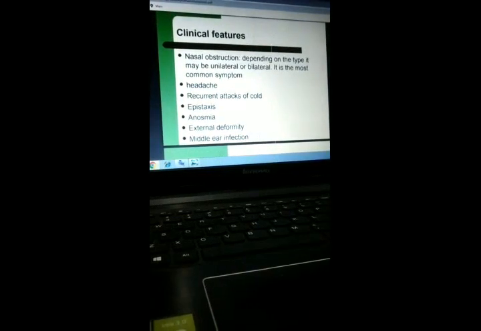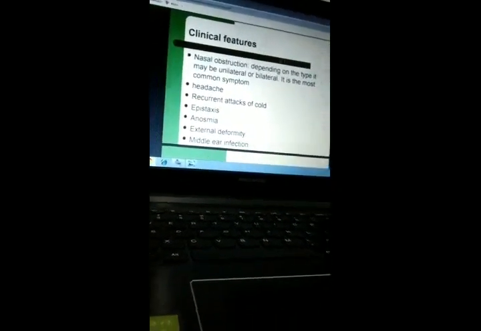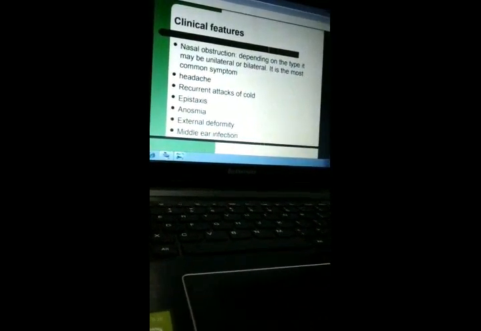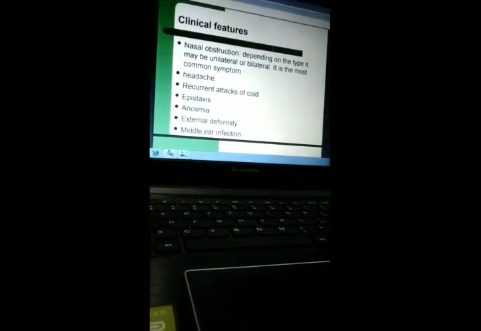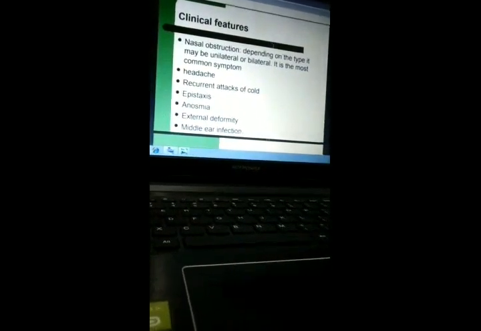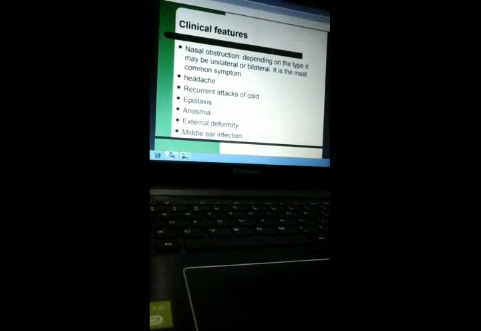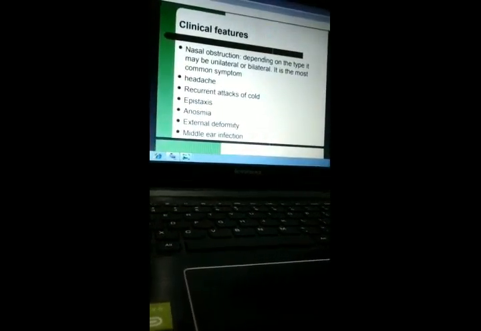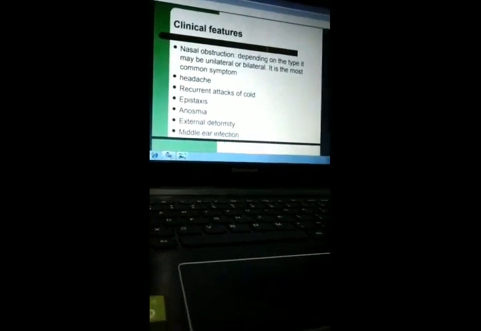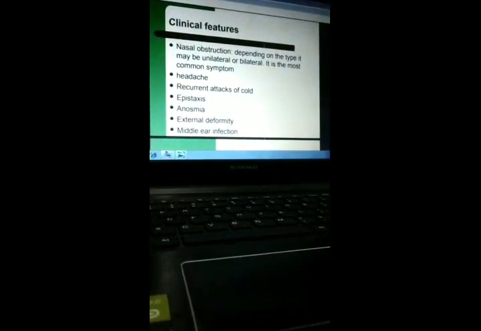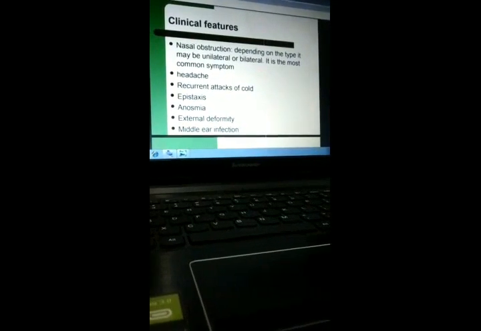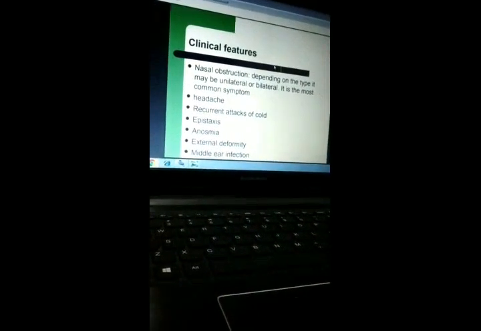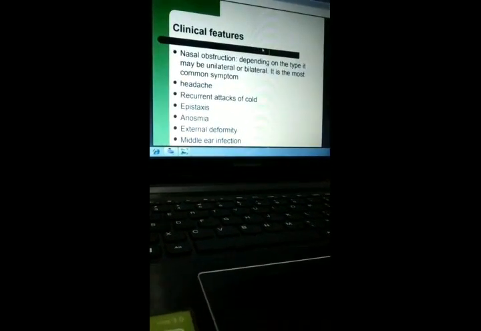Sinusitis is caused by poor ventilation, as I have said, and therefore it is one of the important symptoms, where headache, nasal blockage, discharge from the sinuses, and other symptoms like facial tenderness, maxillary and malar tenderness, may occur.